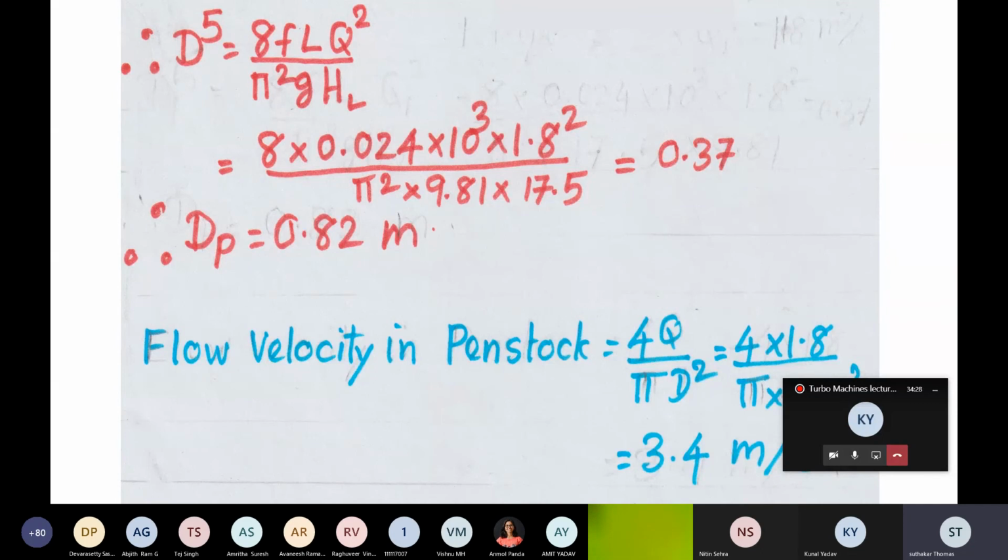Now out of curiosity, I thought we'll calculate and see what is the velocity of water in the penstock. You find that 4Q by pi d square comes to around 3.4 meter per second. So that is a decent velocity. If the velocity is very high, say something like 10 meters per second, it will produce a lot of loss, but the advantage is the penstock pipe size will be smaller.